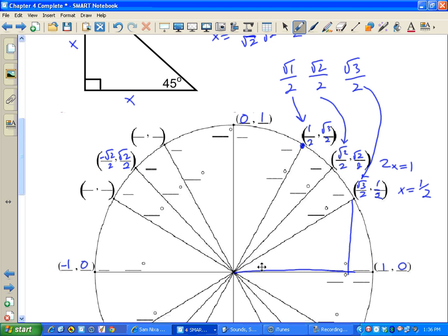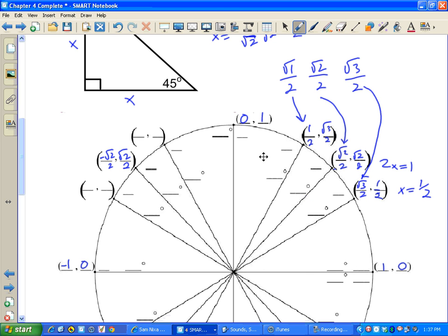It's closest to the y-axis, which is where x is 0. So as I move over, it's closest, which is the smallest one. This one's a little further away, which is this one. This one's the furthest away, which is the biggest number. So if you think of it that way, it should be pretty easy to remember all the points on the unit circle.